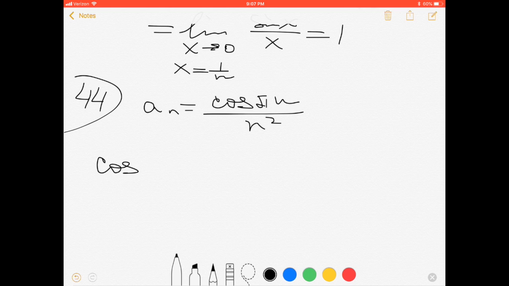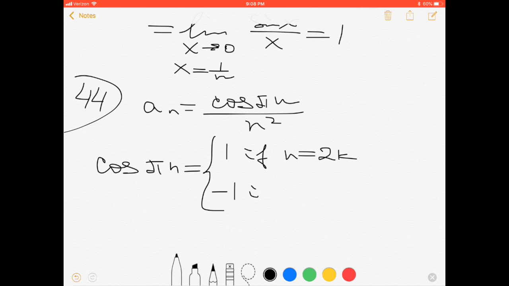If you look at cosine pi n, it will be equal to 1 if n is an even number, which means we can write it like 2k, or equal to negative 1 if n is an odd number, 2k plus 1. But does it work exactly like negative 1 to the power n?